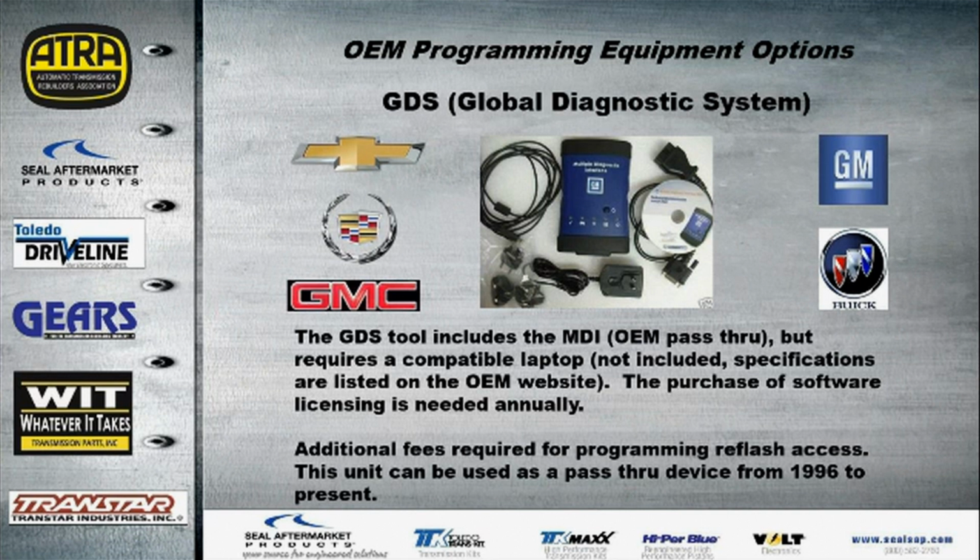Now, if you notice, those of you who might have a MasterTech scan tool or the Bosch device, that looks a lot like it. That's because Bosch makes this for General Motors. They call it the pass-through device that they use, the multiple diagnostic interface. A very powerful tool. Bosch is also in the game.